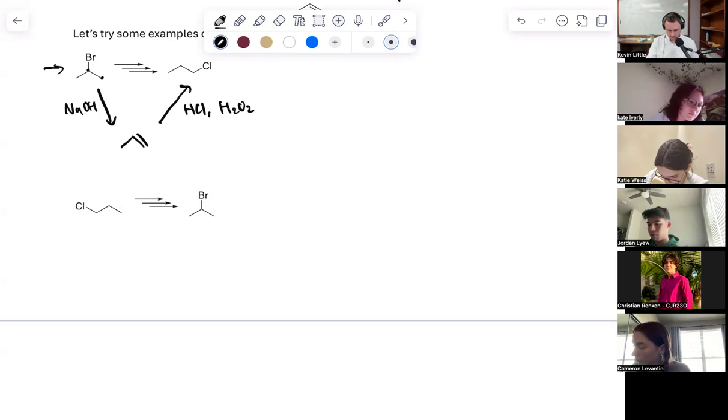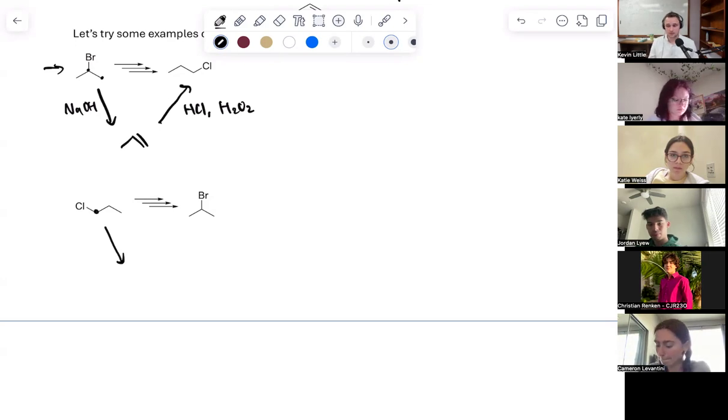All right, in this case, we're doing the same thing. We have to do an elimination, so we need a base. One tricky thing about this one is this is a primary alkyl halide, which prefers substitution. So ideally, if we use sodium hydroxide, we'd risk doing a substitution here, which we don't want to do. So I'm going to just use a really bulky base.